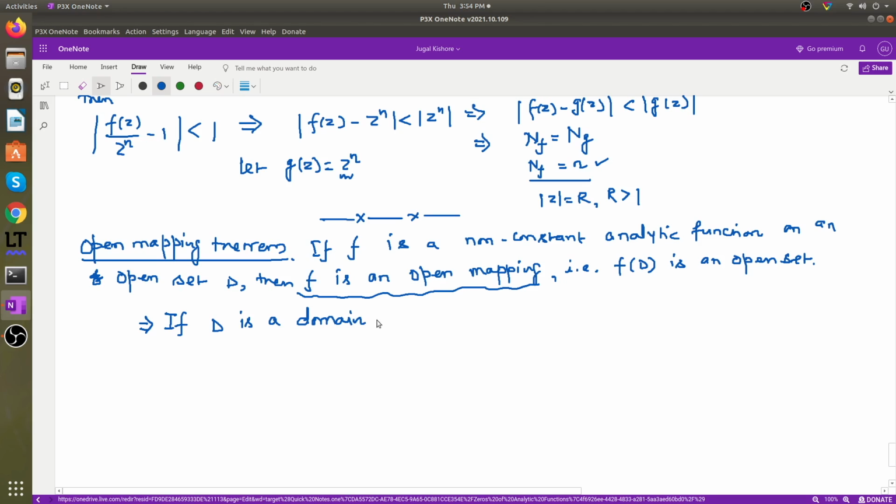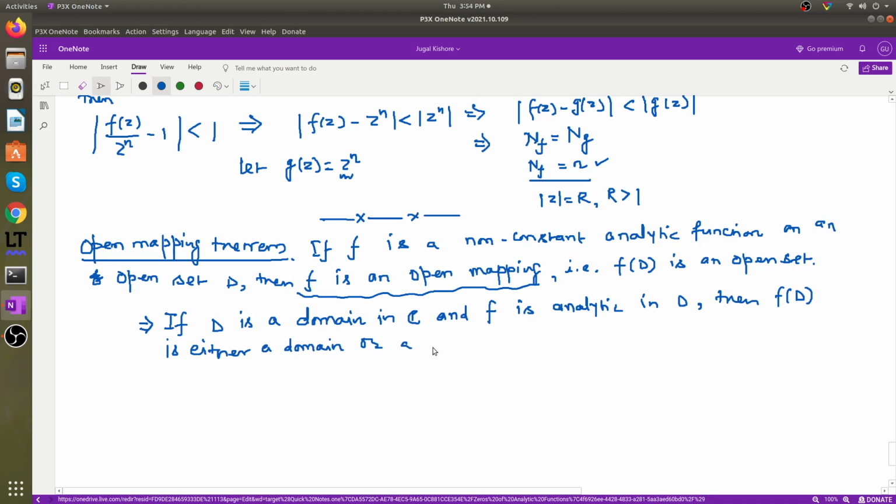That is, if D is a domain in C, and f is analytic in D, then f(D), that is the image of D under f, is either a domain or a single point.